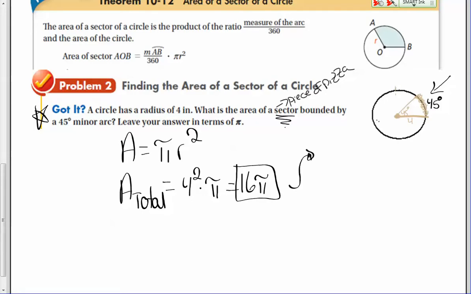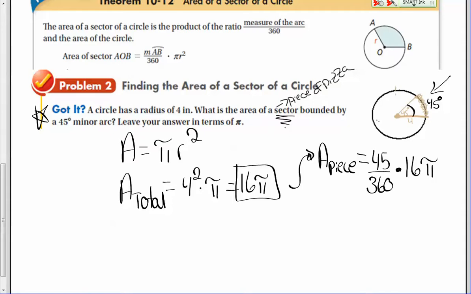The area of my piece will be how much I'm eating. So this time I'm eating 45 degrees out of a total 360 degrees. So 45 over 360 of, that's the times, the total.